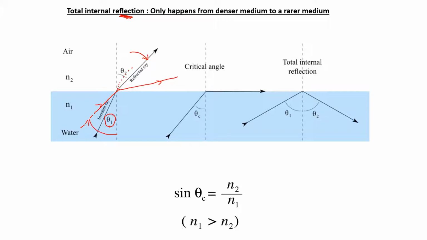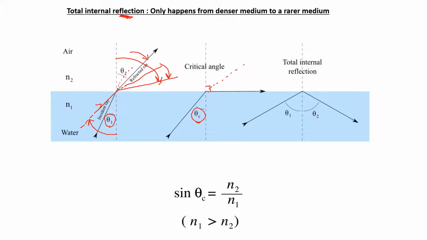So if I increase this angle, this angle will increase because always it goes away from the normal. So there comes an angle which is called the critical angle, where when you send a light ray with this angle, now it goes along this surface.